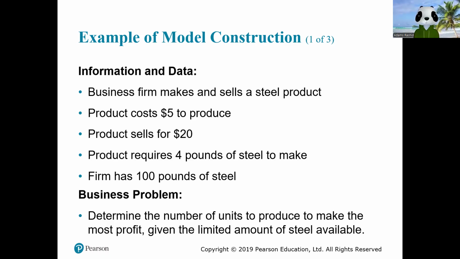So then we have to move to the third stage. We are finished with stage 1 and stage 2. Now what he needs to do is to move to stage 3, which is model construction.